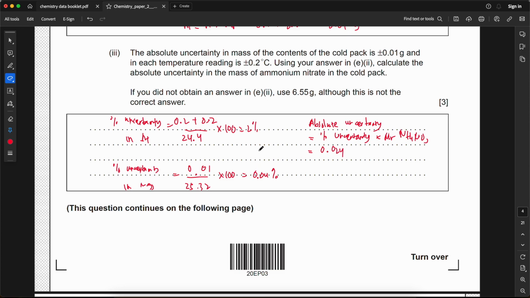You add them both, it will be 2.04, divided by 100, you will get 0.0204, times the mass of NH4NO3, not molar mass, which is 8.01. It will be 0.2 gram.